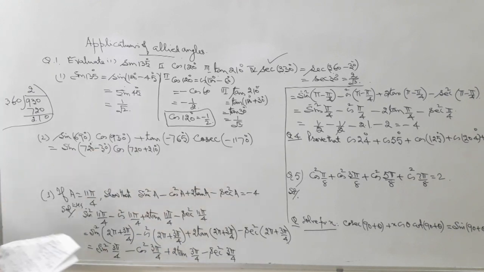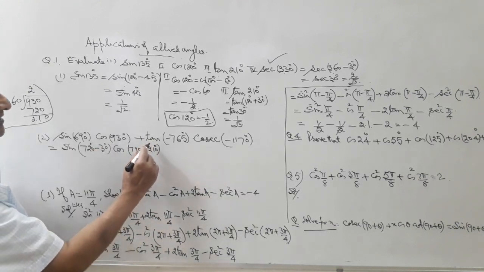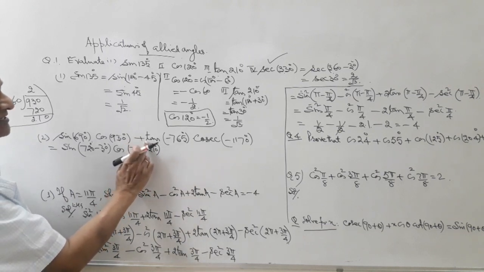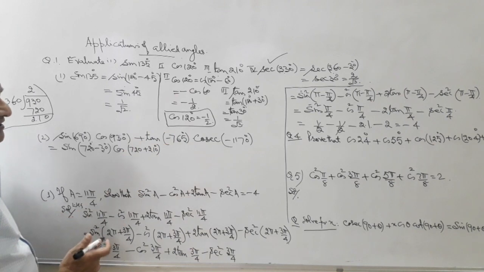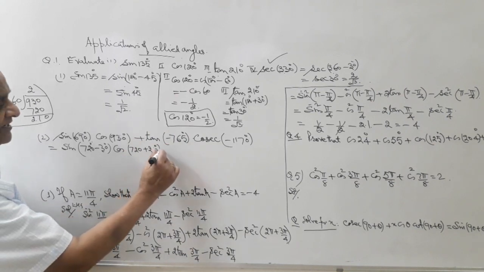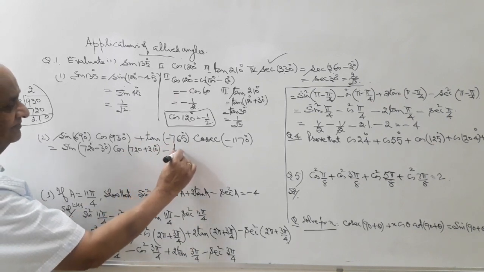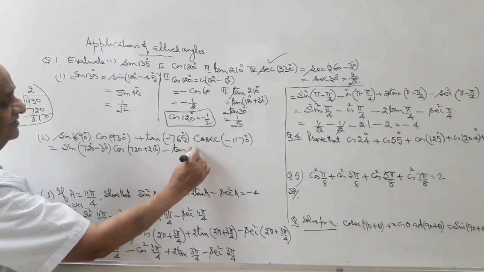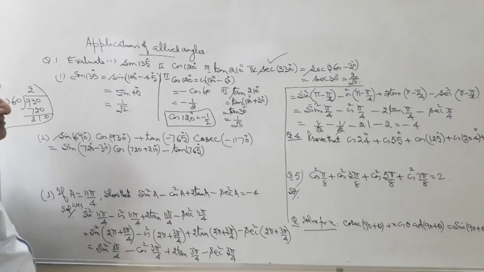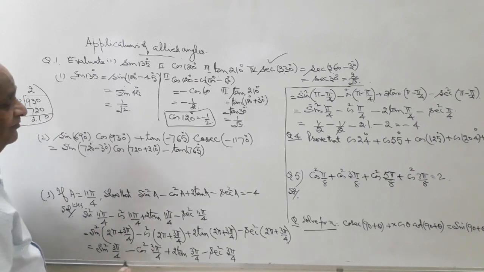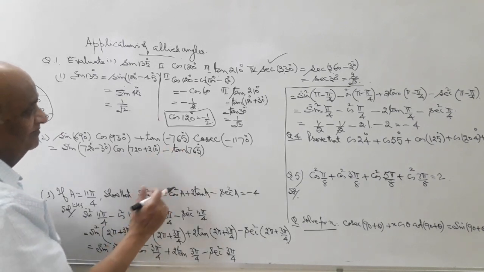Now, we again have tangent of minus theta. See, tangent of minus theta is minus tan theta, minus 765 degrees. You keep it as it is for the time being.